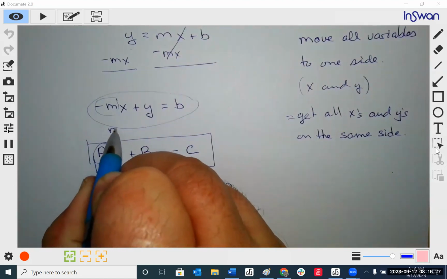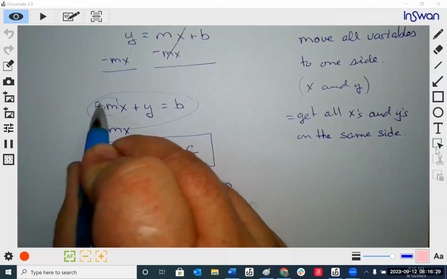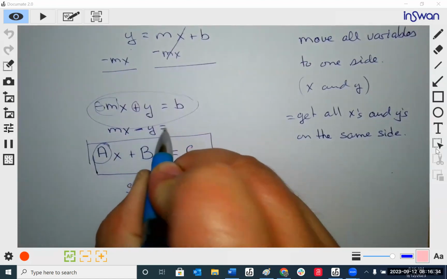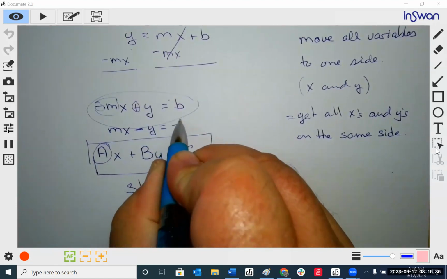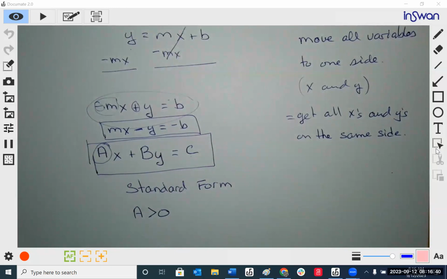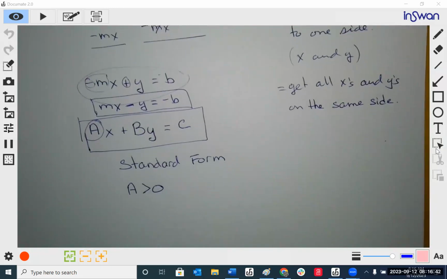So now this becomes a positive X. That changes from negative to positive. This changes from positive to negative. And this changes from positive to negative. So this is really what it's going to look like. So this is the standard form.